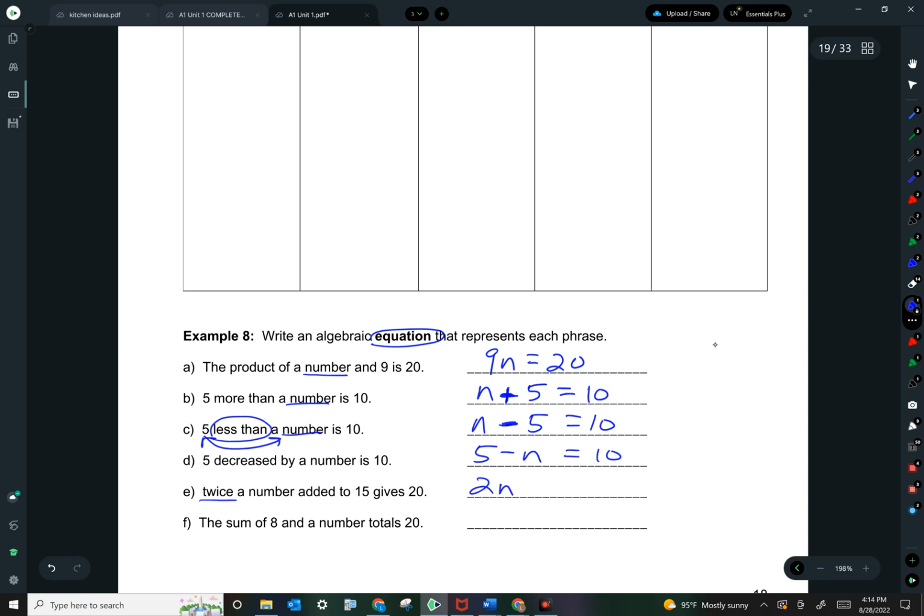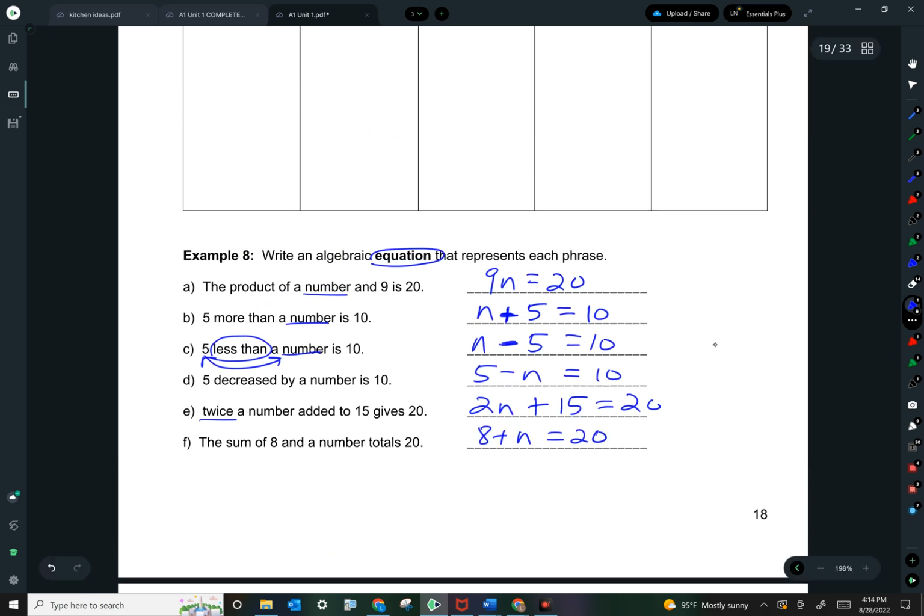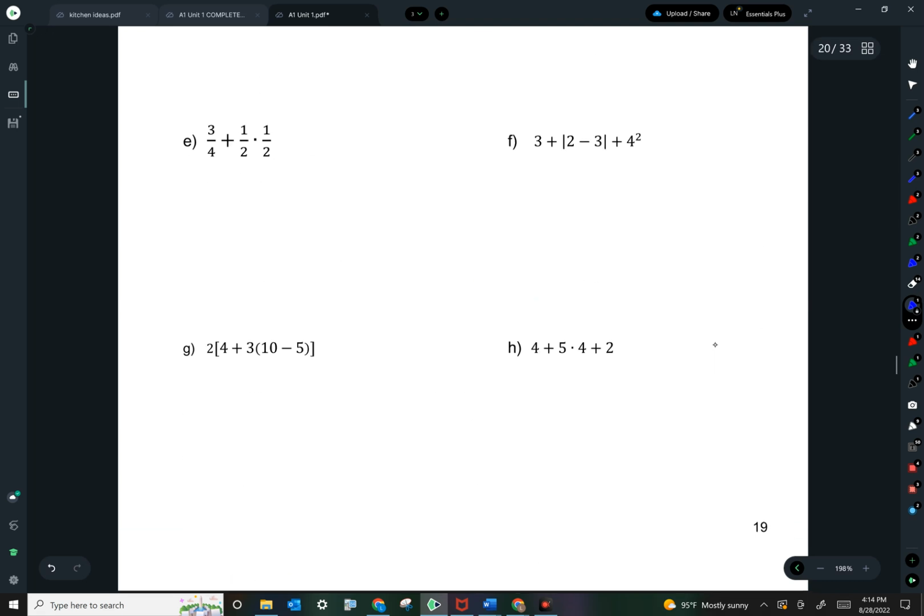So 2 times a number added to 15 gives 20. The sum of 8 and a number, again, sum, addition, doesn't matter what order, so you can either say 8 plus n or n plus 8, doesn't matter, totals 20. Okay, so let's just practice kind of using the different words. All right, so that's section 1.4.